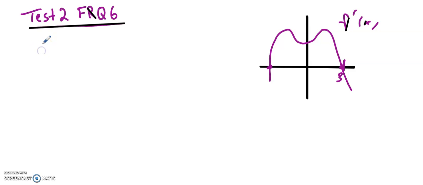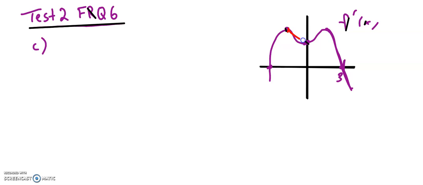Question C asks, for what values of x is the graph of f concave down? Use f prime to justify your answer. Well, again, concave down means that the derivative is decreasing, right? And so from here to here, whatever those values are, I think that's 0, it's decreasing, and from here down forever, it's decreasing, correct?